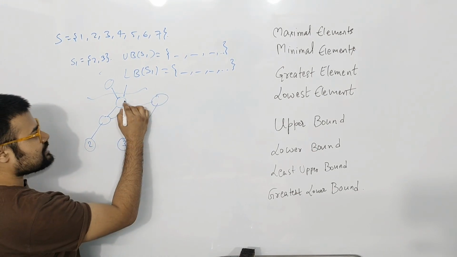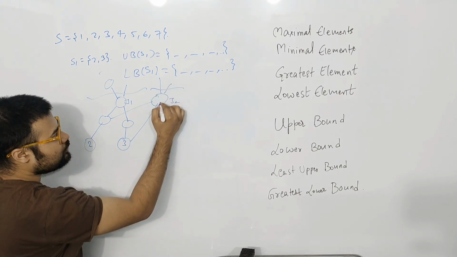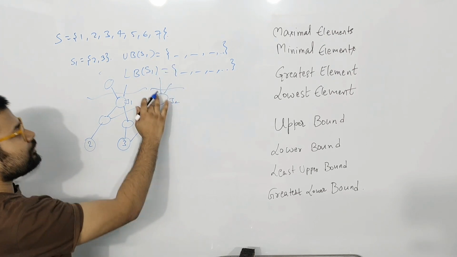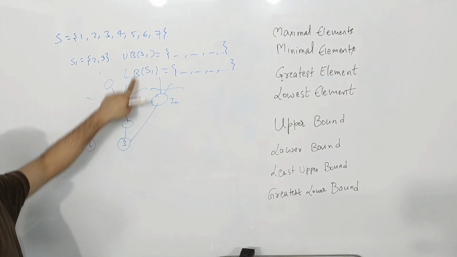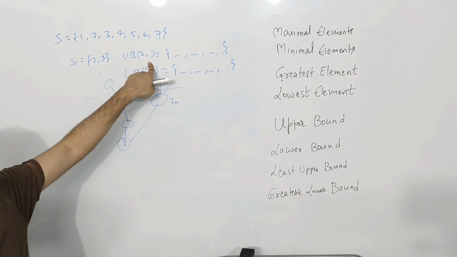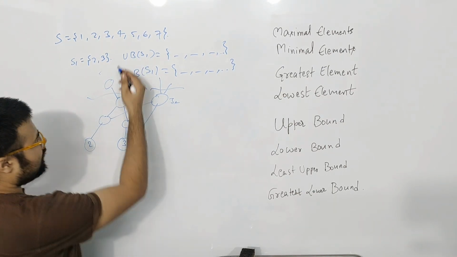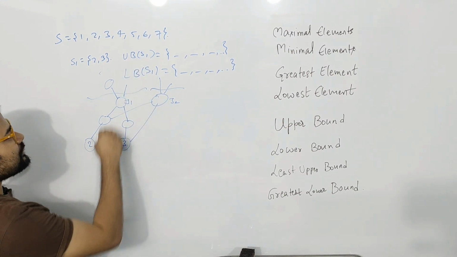Now you can see that this is J1, this is one join point, and this is another join point. So from J2, including J2, every other element in the upper path will be in the upper bound of S1. So this is how we find the upper bound. We look to find the join points.